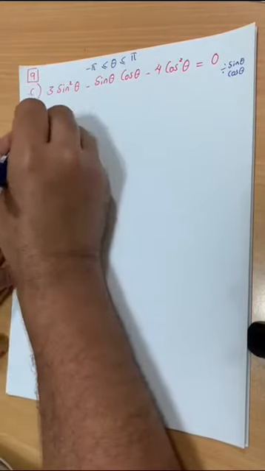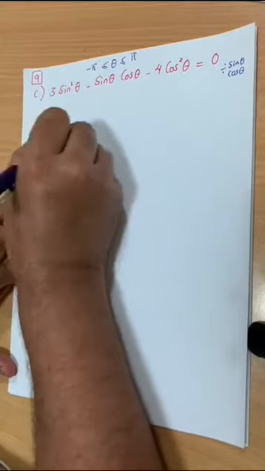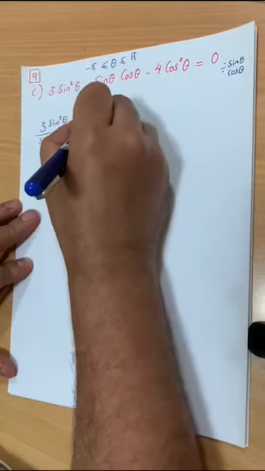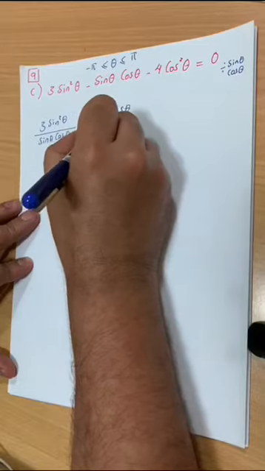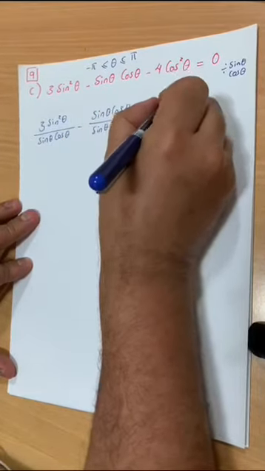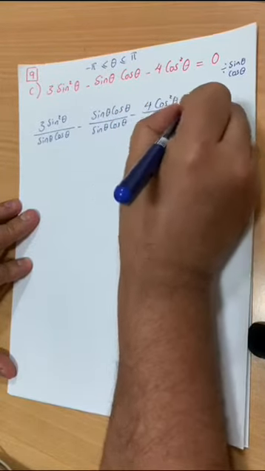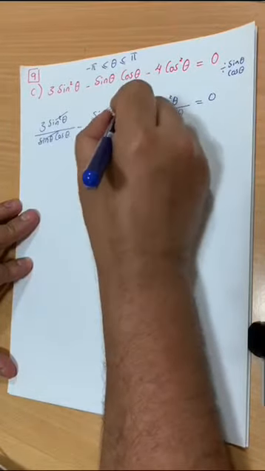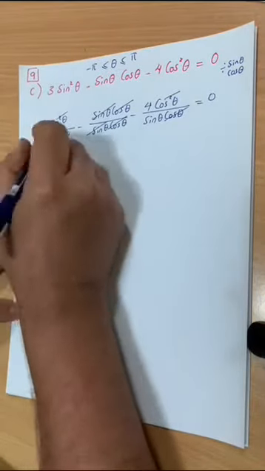So 3 sine squared over sine theta cosine theta, minus sine theta cosine theta divided by sine theta cosine theta, minus 4 cosine squared over sine theta cosine theta equals 0. Cancel the sine with the sine, cosine with the cosine, and the squared with the cosine. Only one term left here.